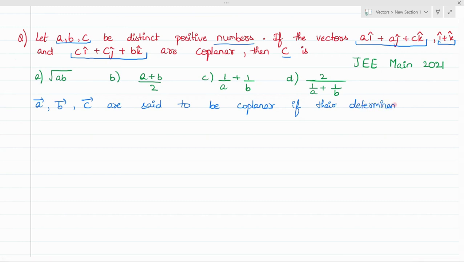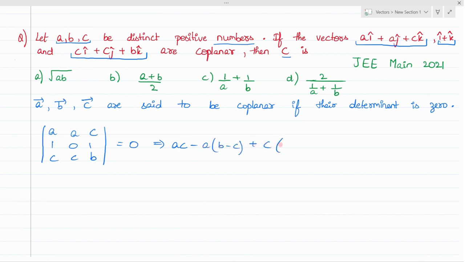So use this here, that is a, a, c, 1, 0, 1, and here c, c, b. Take its determinant and equate it to 0. You will get it as a c minus of a b minus c plus c into c is equal to 0.